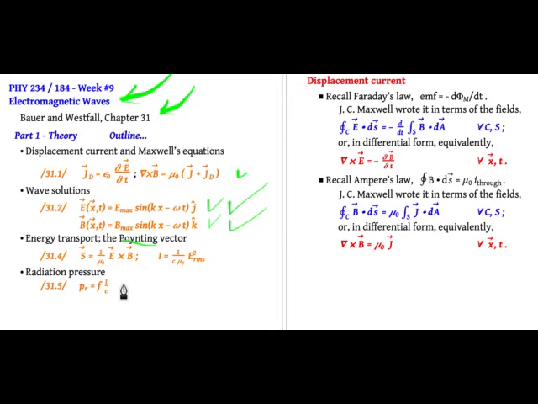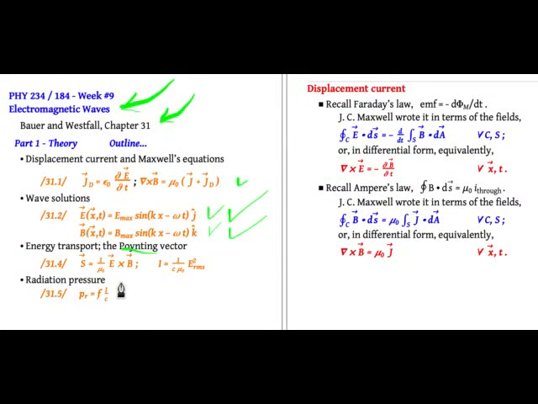And there's a fourth topic, which is in chapter 31, which I don't think I'm talking about in this video, but there'll be some Lon-Capa problems about it. It's radiation pressure. Just like an electromagnetic wave carries energy, an electromagnetic wave also exerts forces.